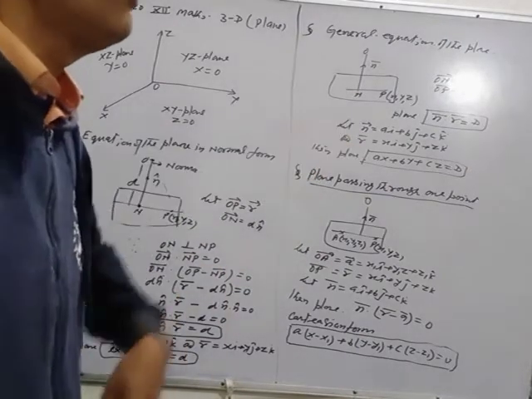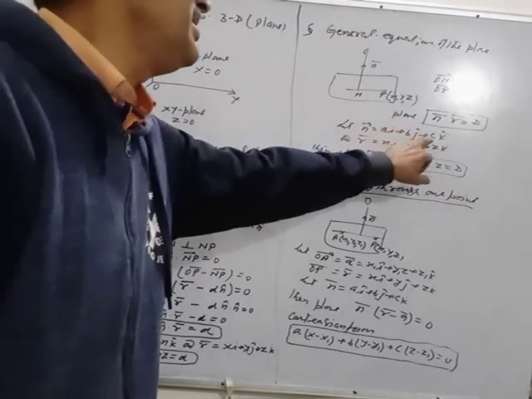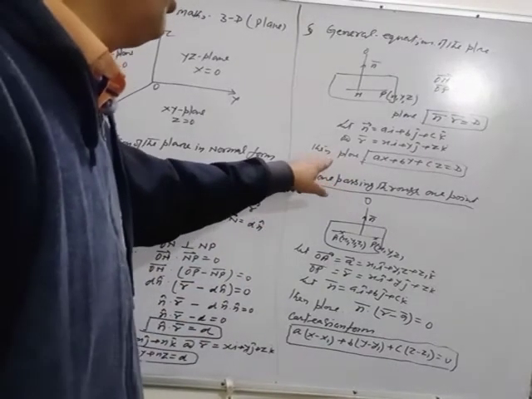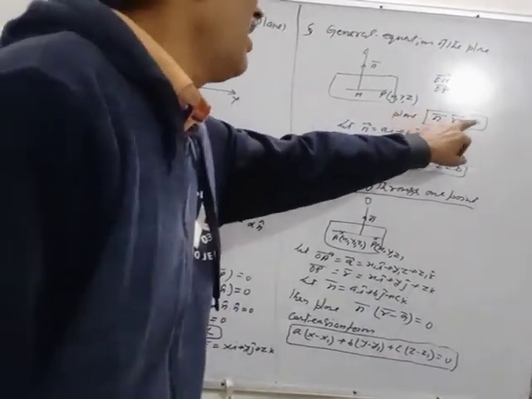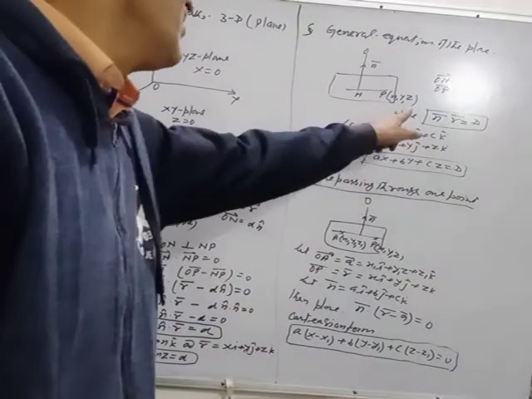Remember here main component of the plane is normal. The Ai plus Bj plus Ck, coefficients of i, j, k are direction ratios of normal. So when you take the equation of the plane directly, you can write n dot R is equal to d. D is a scalar here, n dot R is equal to d.